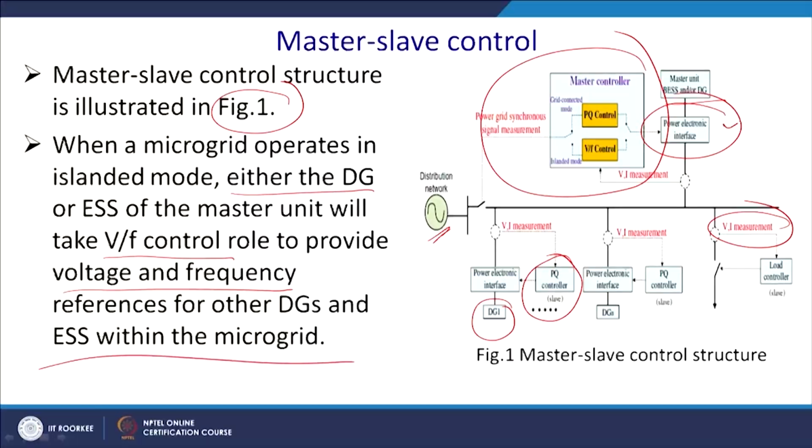Ultimately it will decide whatever V by F ratio has to be fixed, and all those entities will follow it. That is called the master slave control, and in off-grid mode or islanding mode, it will go for the V by F control.